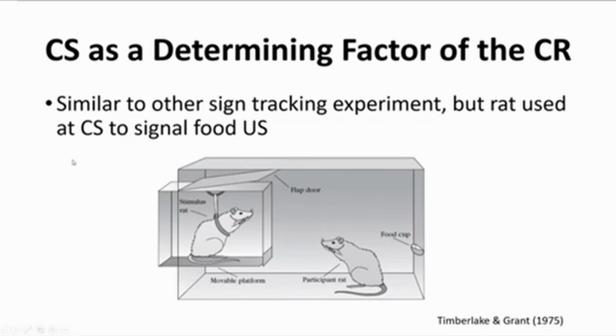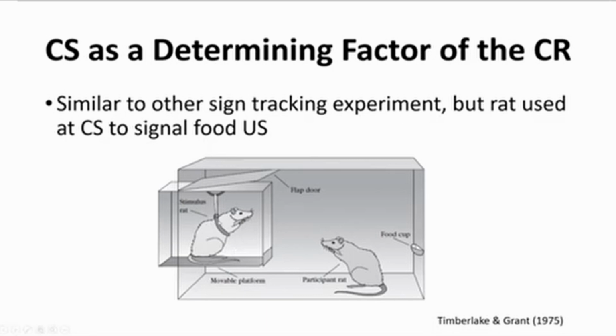And so if our conditioned response would match our unconditioned response, then we would expect behaviors associated with eating. So maybe we would expect our participant rat to bite or lick or something like that to this stimulus rat.